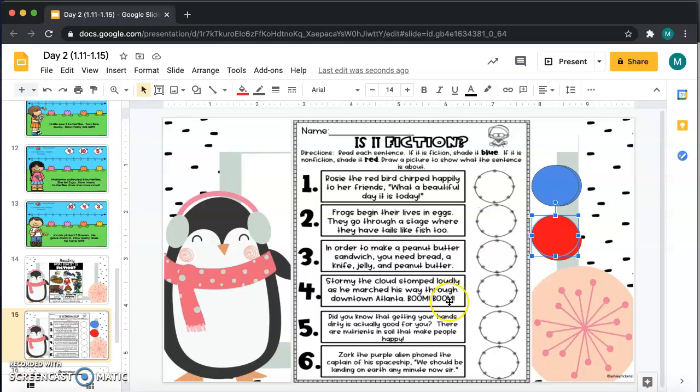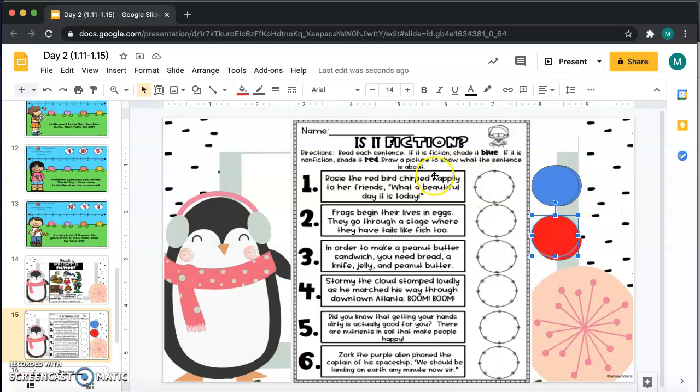Stormy the Cloud stomped loudly as he marched away through his downtown Atlanta. Boom, boom, boom. Did you know that getting your hands dirty is actually good for you? There are nutrients in soil that make people happy. Zork, the purple alien, phoned the captain for his spaceship. We should be landing on Earth any time now, sir.